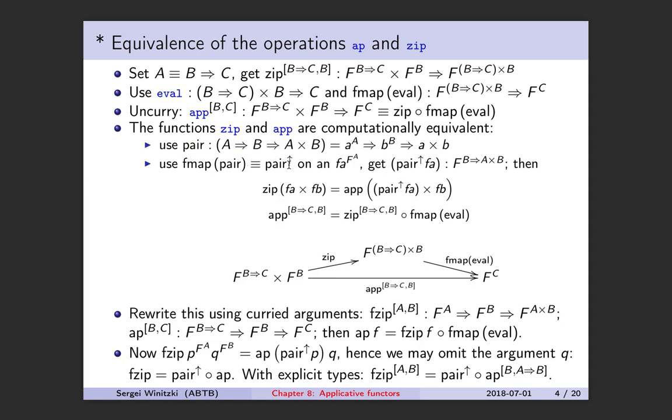And fmap of pair, let's just denote fmap like this for brevity, which I have already done in previous chapters. Seems to be a good notation.